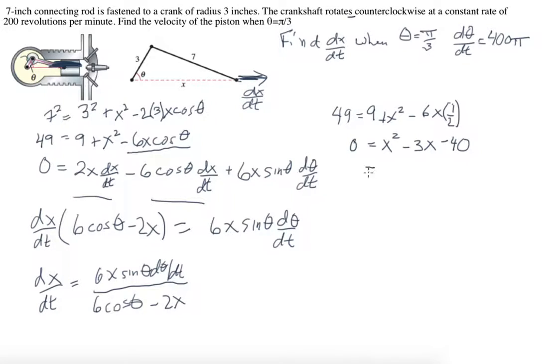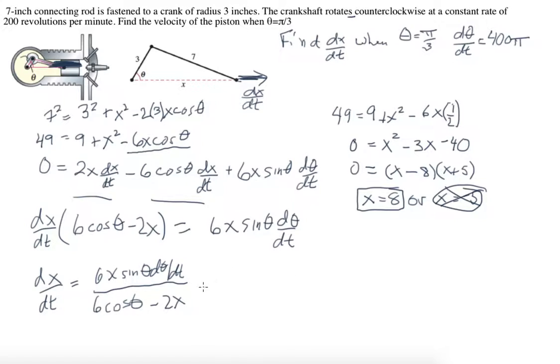So factoring this, we'll get 0 equals (x minus 8)(x plus 5). And so two possible solutions for x would be x equals 8 or x equals negative 5. And since we're talking about a distance here, negative 5 we'll ignore. And so x equals 8 under these conditions.